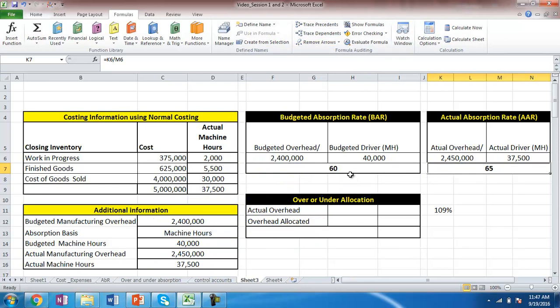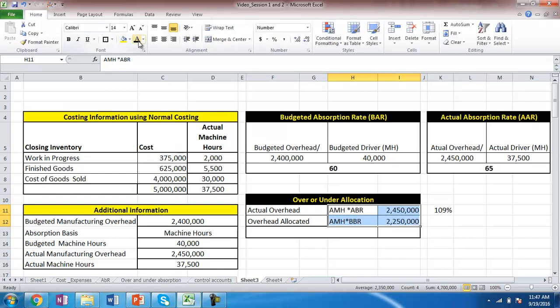Since the budgeted overhead rate is not the same as the actual absorption rate, there is a possibility of over absorption or under absorption here, which is the difference between the actual overheads incurred and the allocated overheads. The actual overhead incurred is 2.45 million.